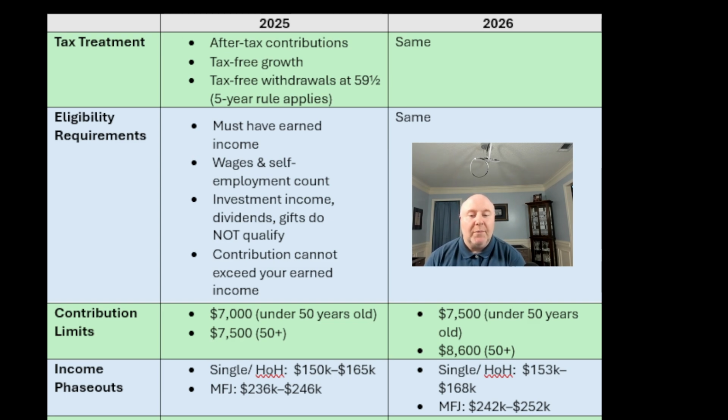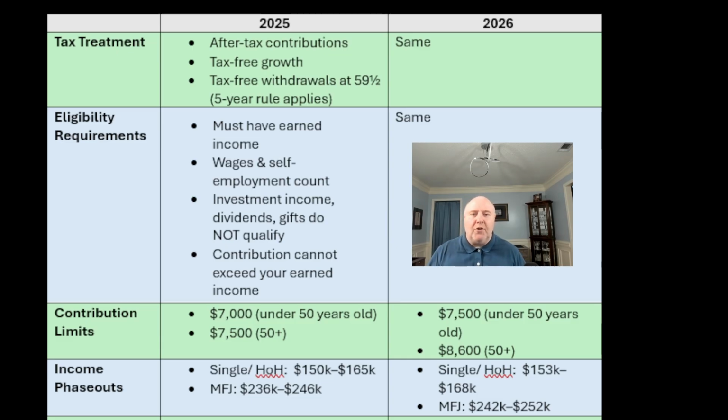Now, there are some additional income requirements. That's the contribution limits, but now some income phase outs. So if you're a high income earner, you may have to do a different approach to get to a Roth IRA. There's something called a backdoor Roth IRA, and you could use that approach if you really want to do it.